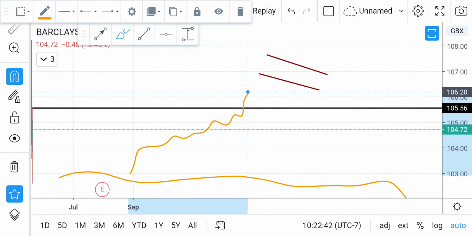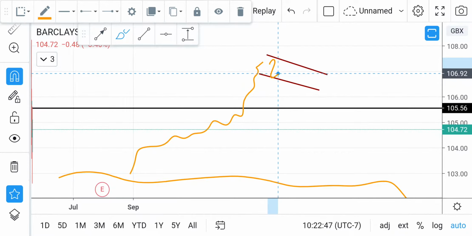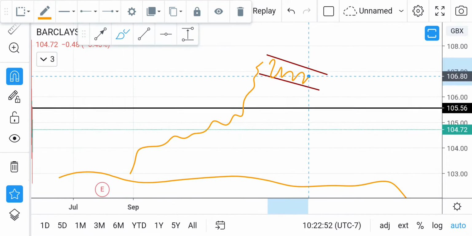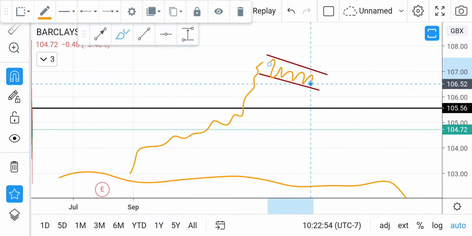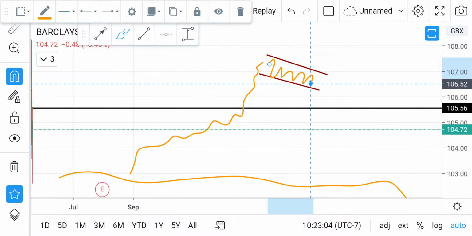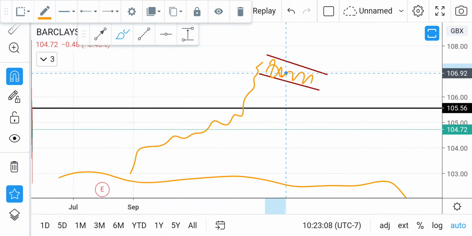The next thing is that it's going to start consolidating within this channel. Volatility is going to reduce over this channel. That's what we call a bull flag, because it looks like a flag. Price is going to be consolidating within this channel.